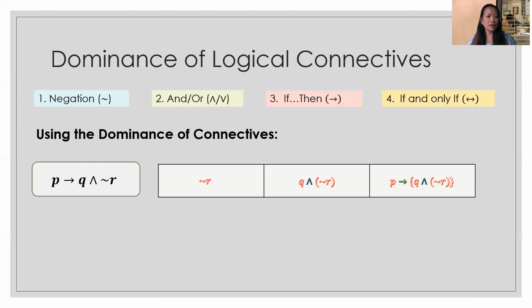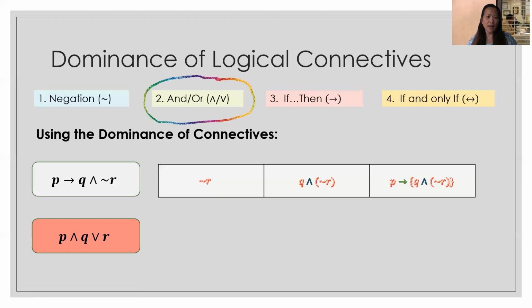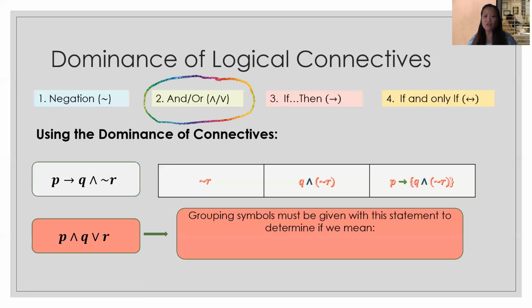Okay, now in the case where you see this, okay, P and Q or R, well, in number 2 there, it's said that they are in the same order, right? So this is the ambiguous case where you have to use grouping symbols to the statements so that people know what you mean.